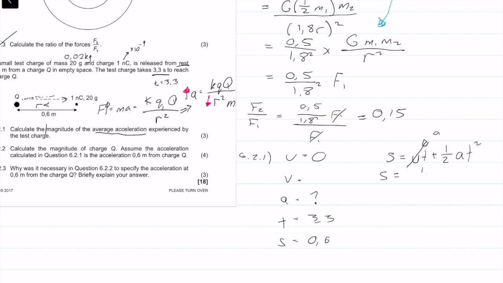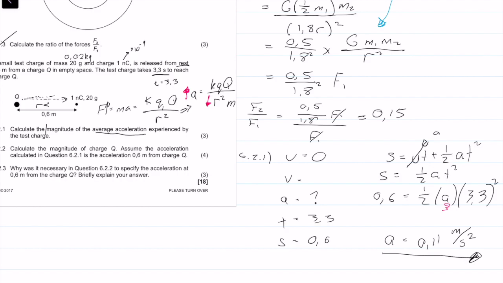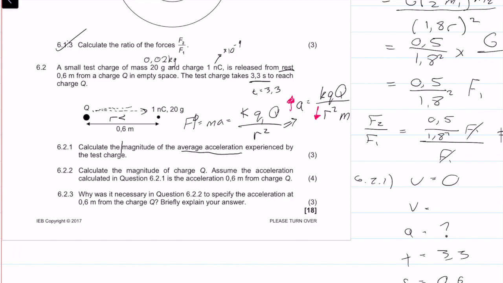So s equals a half at squared. We know s was 0.6, t is known, so the only unknown here is the acceleration, so we can solve for it. And a is equal to 0.11 meters per second squared. And that's the answer. That's the average acceleration.